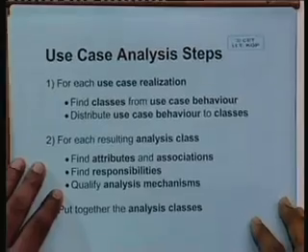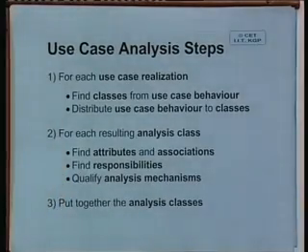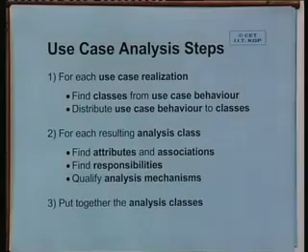Now, for each use case realization, what is required? Find classes from use case behavior, and distribute use case behavior to the classes. This we have already said. For each resulting analysis class, find attributes and associations, find responsibilities, and qualify analysis mechanisms. These are the steps, and then put together the analysis classes.